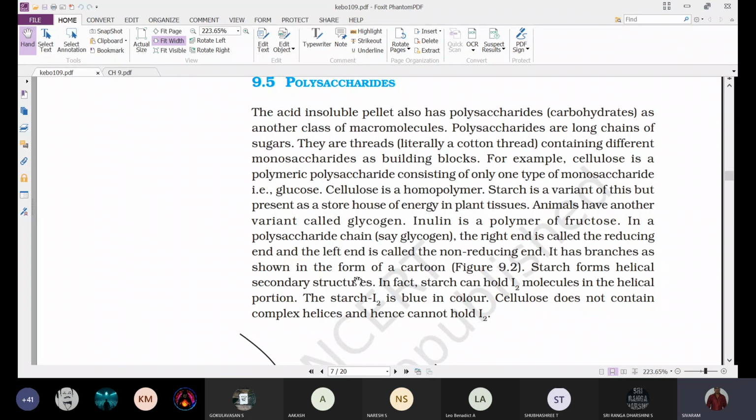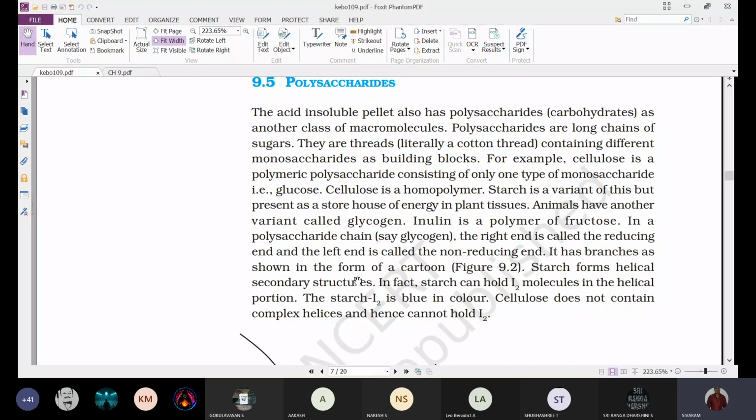And the next important bio-macromolecule is polysaccharides. The name itself indicates it: poly means many, saccharo means sugar. That's why the name is given as polysaccharide.